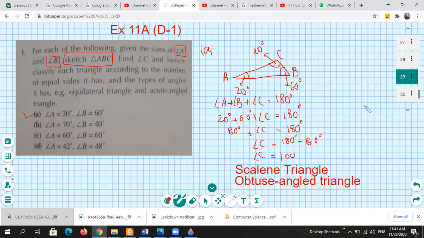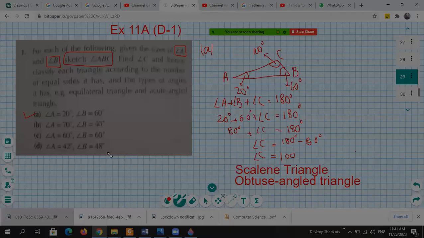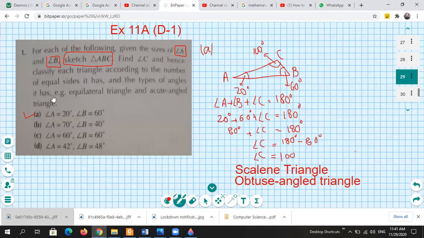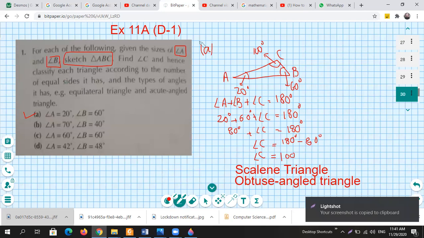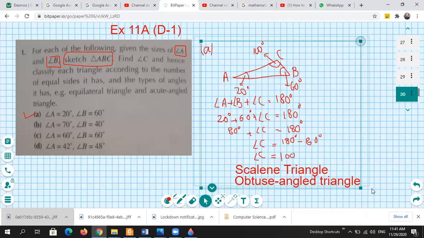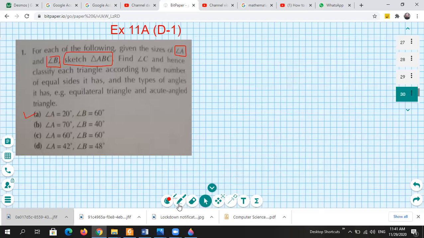Now we will try part D on the next page. All right, now this is part D. We have two angles.